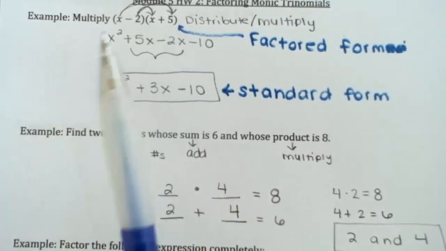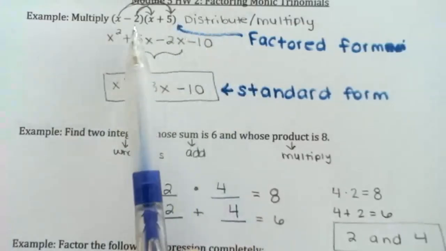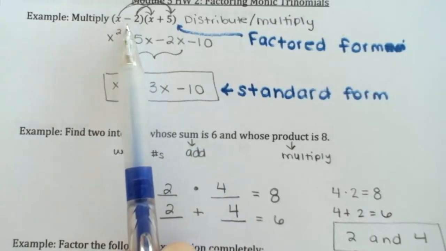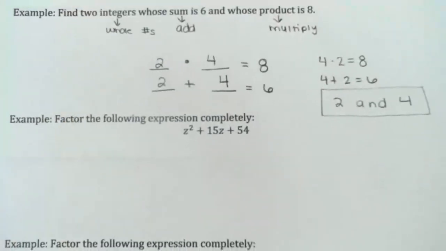So let me say that again. Just like we did here, two numbers that multiply together to give us 8, two numbers that add together to give us 6. But look at it up here. Two numbers that multiply together, so negative 2 times 5 gave us negative 10, and they added together, negative 2 plus 5, to give us this positive 3. So do you see the correlation? Keep that in mind for this next one. It says factor the following expression completely.